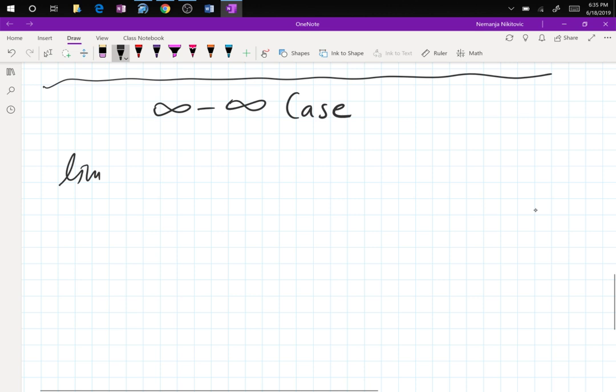So here's the limit as x goes to infinity of x minus square root of x squared minus 3x. When I plug in infinity here, I just get infinity minus infinity. The stuff under the root is going to be infinity. Square root of infinity is infinity. And then we have infinity minus infinity.